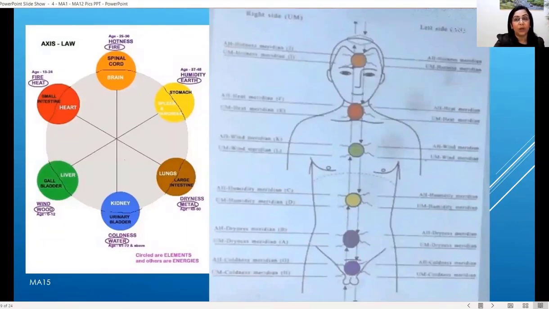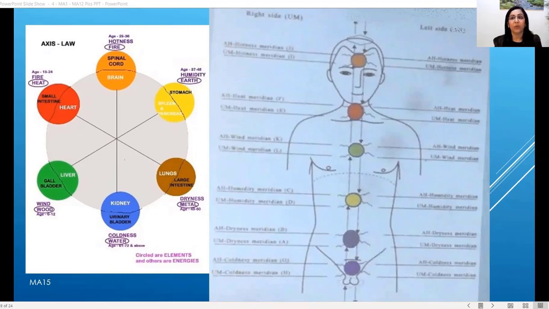Now, when you see according to the axis law, the hotness chakra, which is called the Ajna chakra, is the hotness. Now, you remember this was used for all the organs in the inside of the axis law, which means the yin organs. And the other is used for the outside organs in the axis law, which are for the yang organs.